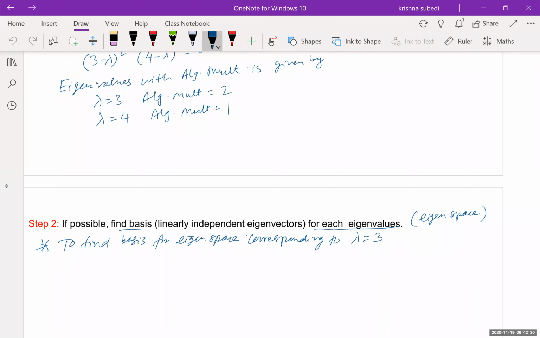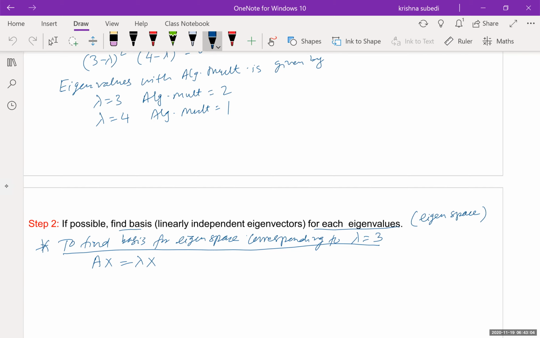So for lambda equals 3, to find the basis for the eigenspace corresponding to lambda equals 3, recall from the previous section, you know the definition, Ax equals lambda x. That's the definition of an eigenvector.